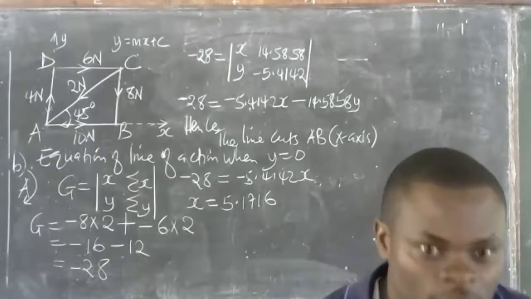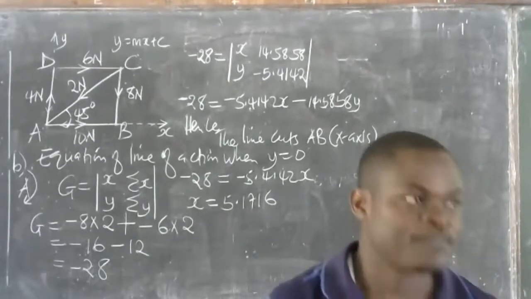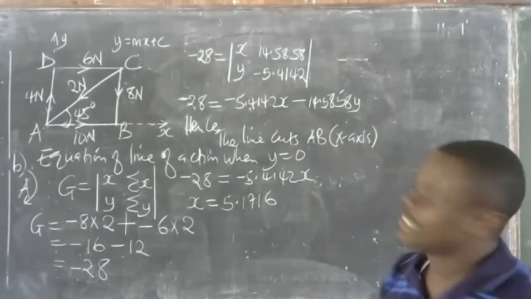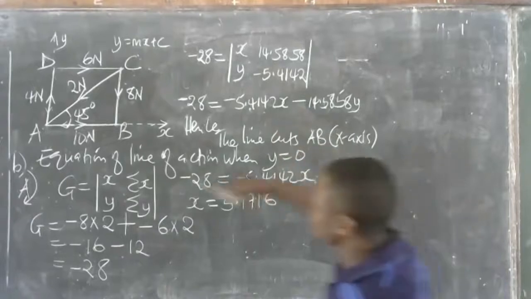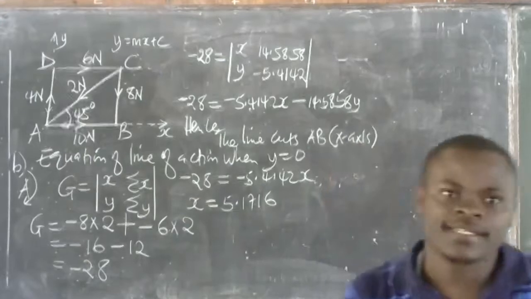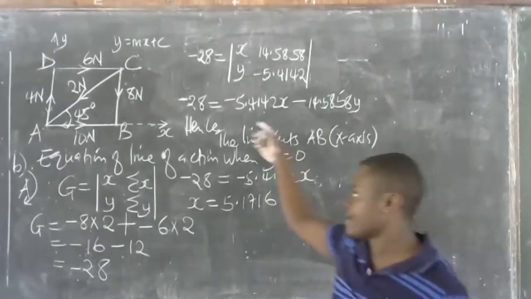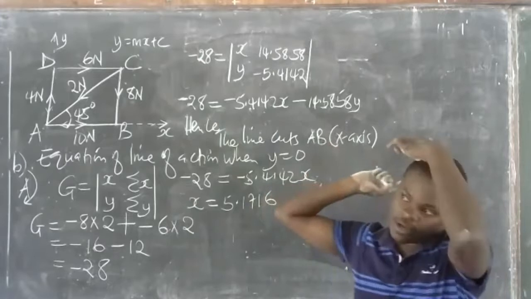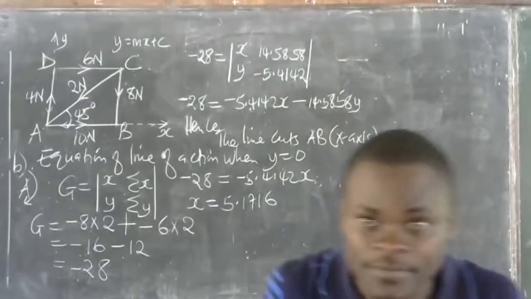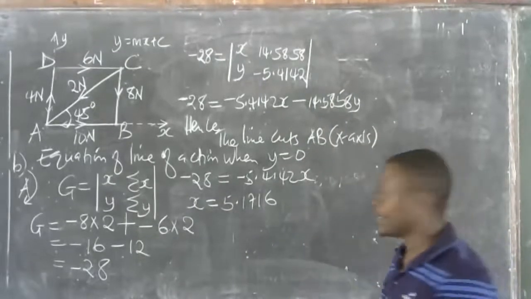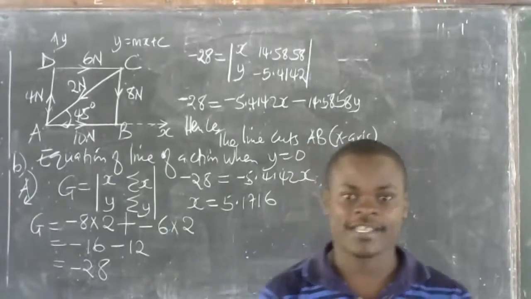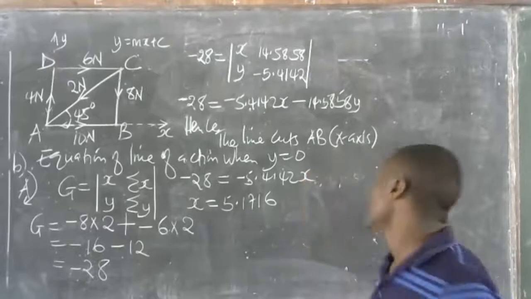But if they ask you to find the point where the line cuts side AD, AD is vertical, so any straight line cuts the y-axis when x is 0. It depends. But you better make the side the line cuts your horizontal, so that you can easily apply the concept. Now this is what we have got, but it's not the final answer. You're supposed to conclude.